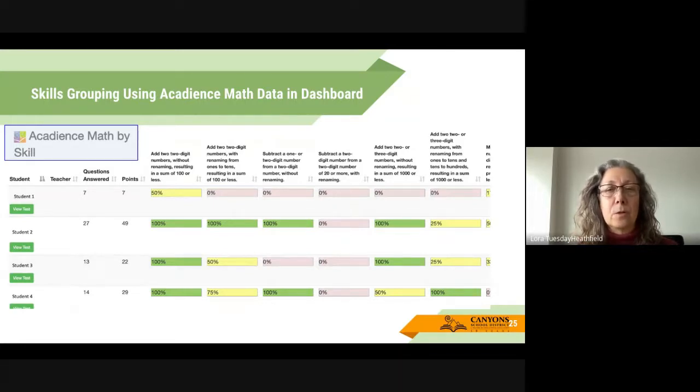And you'll see in each of those columns, when you go into dashboard, there's a little tiny up and down arrow next to each column, and you can actually sort either ascending or descending to get a better idea of which students might need additional support for a specific skill.